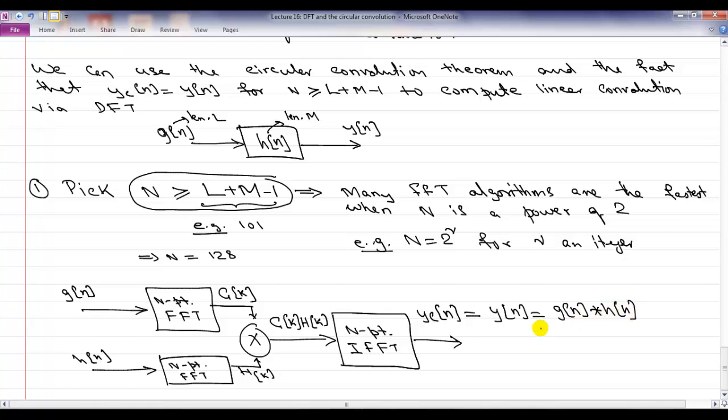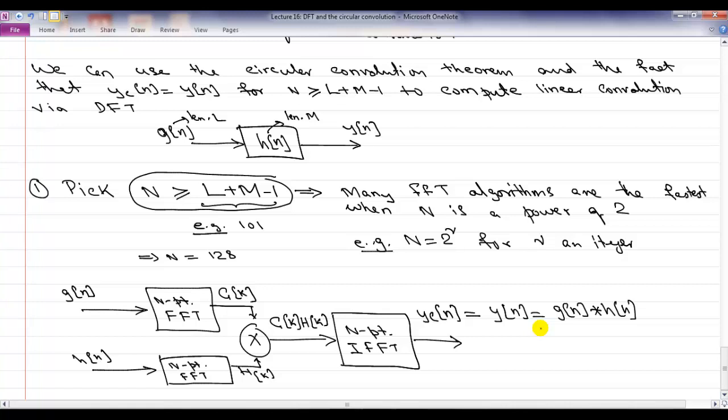So this is the procedure by which you can carry out linear convolution using the DFT, and in fact using the FFT in a much faster fashion than if you were to use the linear convolution formula directly, which has a much higher complexity. The only thing to keep in mind is you must ensure that the n that you use is bigger than or equal to L plus M minus 1, where L and M are the lengths of both the sequences.